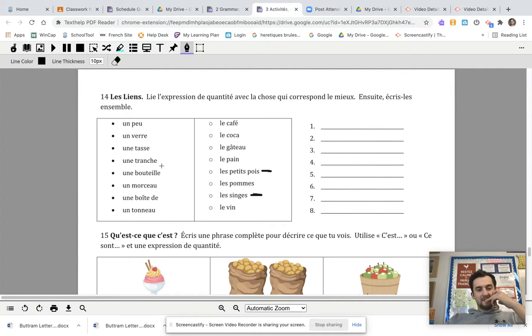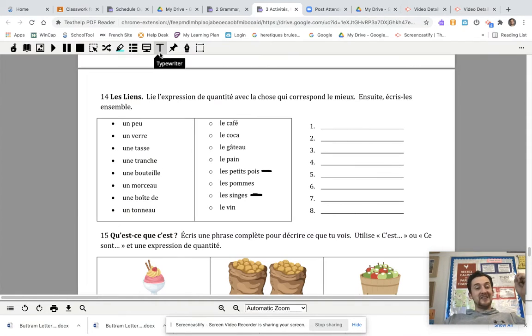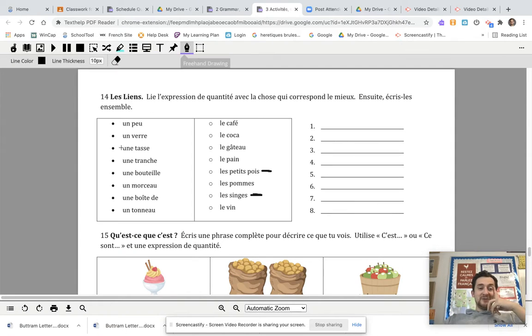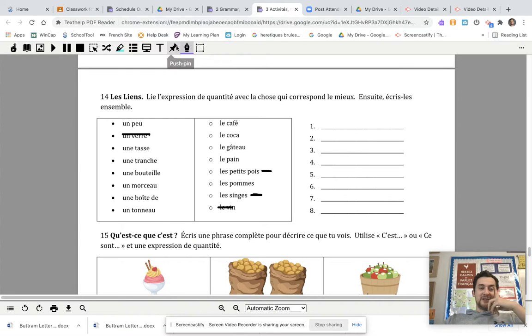Also, in tranche. Some of them can be several of them because you can say a slice of apples or you can say a slice of cake. So why don't we do this? If it makes sense to you, go for it. Cool. And if you want to use several of these several times, that's fine. I'm going to go ahead and do un verre de vin. D'accord? A glass of wine.